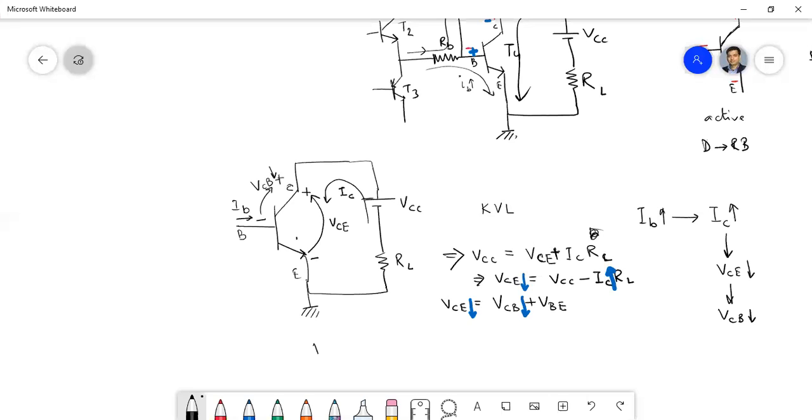If the collector current is sufficient, then the VCB will be negative, and that is called the saturation region. In that case, it will change its polarity to this. Is that clear?